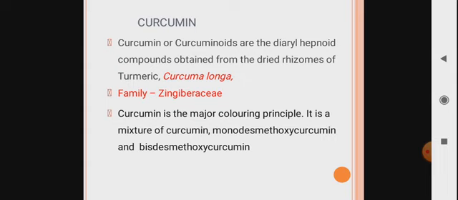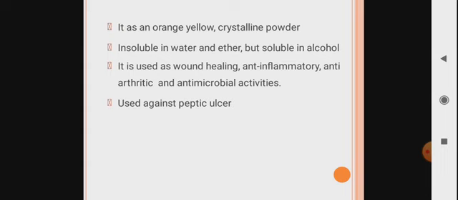Curcumin is the major coloring principle. It is a mixture of curcumin, monodemethoxycurcumin and bis-demethoxycurcumin. It is an orange-yellow crystalline powder, insoluble in water and ether but soluble in alcohol. It is used for wound healing, and for anti-inflammatory, anti-arthritic and antimicrobial activities.